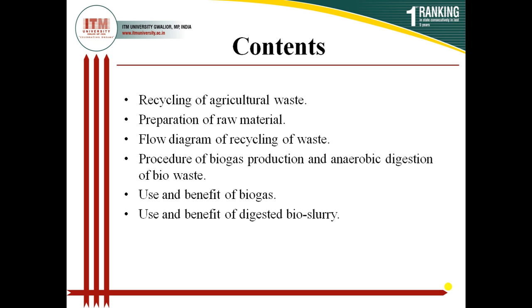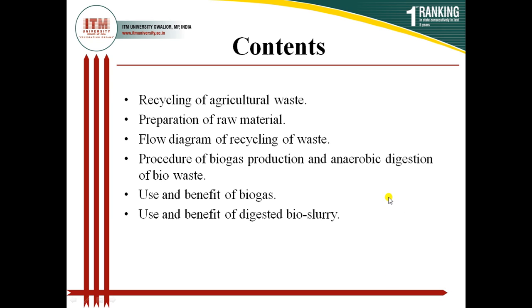Then there are 2-3 slides on the flow diagram of recycling of agricultural waste, and I will discuss in detail the biogas production part. These wastes are decomposed anaerobically, so two things are produced, one is biogas, another is slurry.